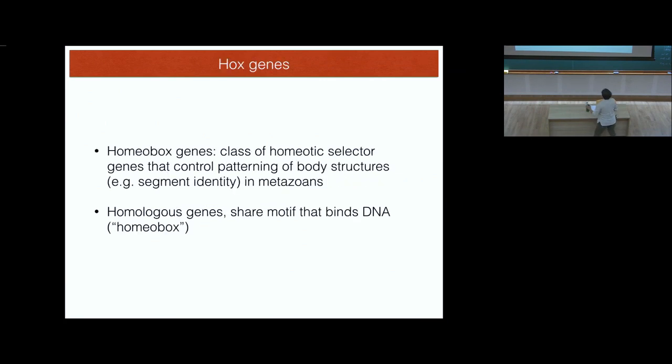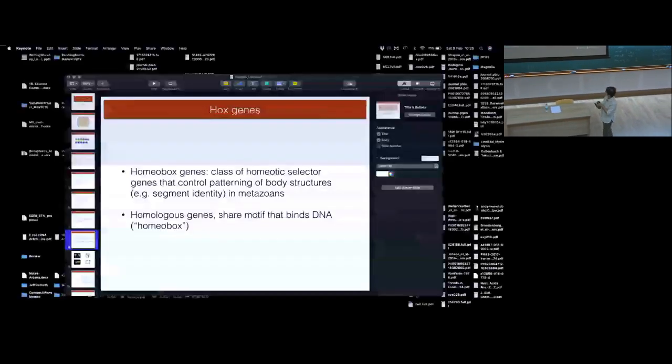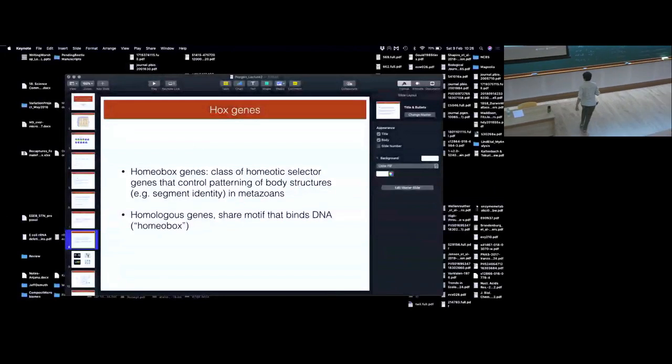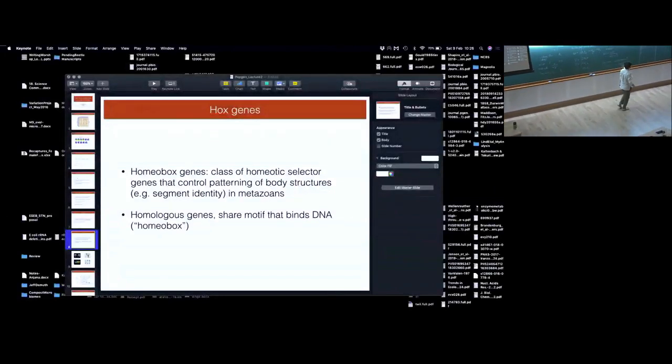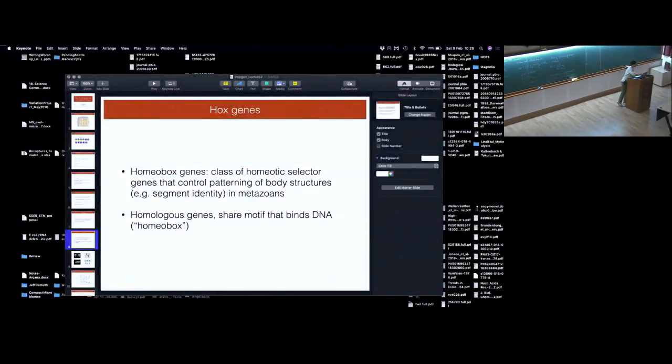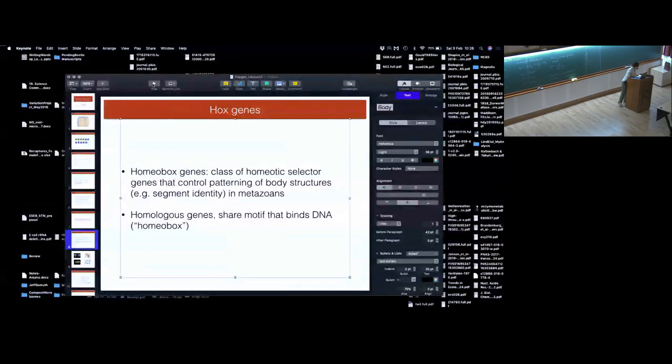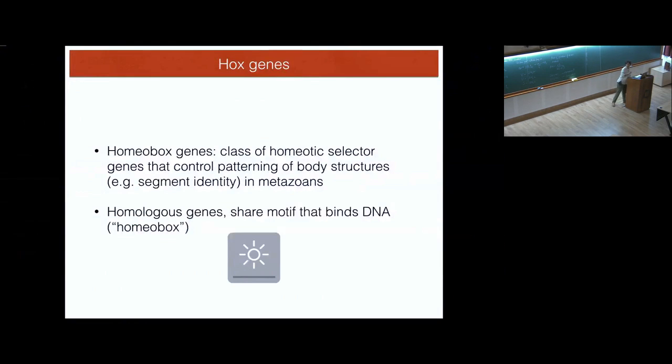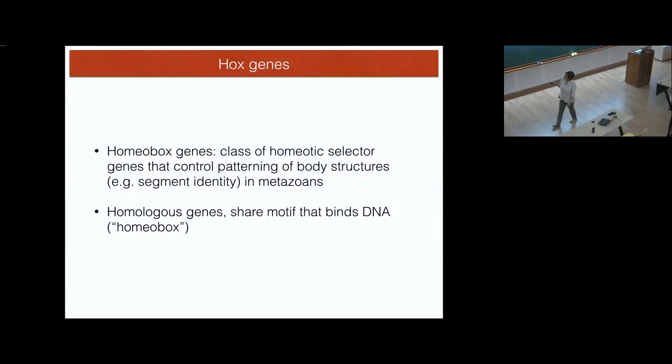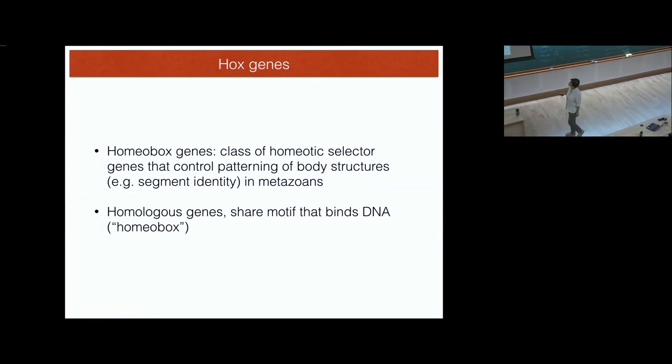So the short answer is there are sets of genes that very commonly are involved in these sort of large changes that occur in the body plan or in development. And these changes, as an example, are driven by these sets of genes called Hox genes, homeobox genes, which are a class of homeotic selector genes.